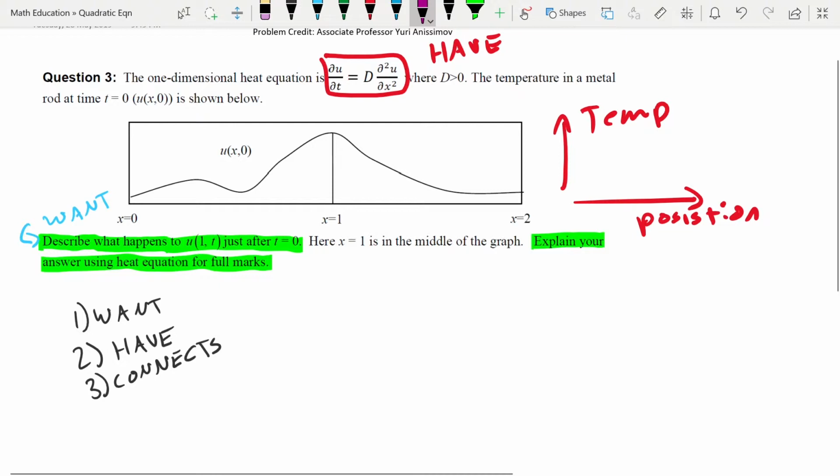Okay, so what are the things that provide the connection? We're interested in the position x is equal to 1. We're interested in focusing on that area right there. And in particular, we are interested in understanding what happens just after t is equal to 0, so for a small value of time, t greater than 0.